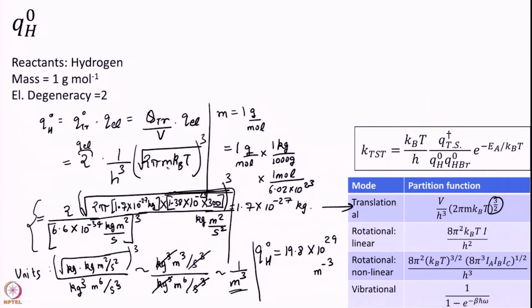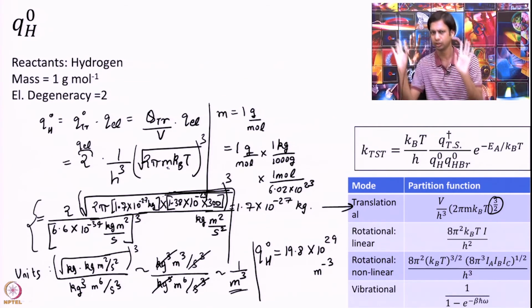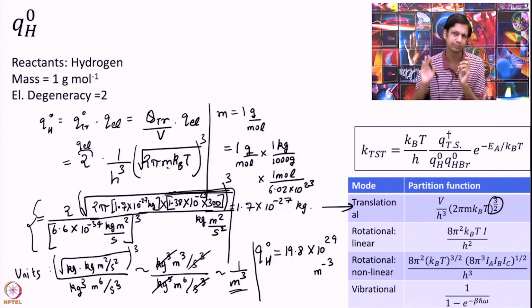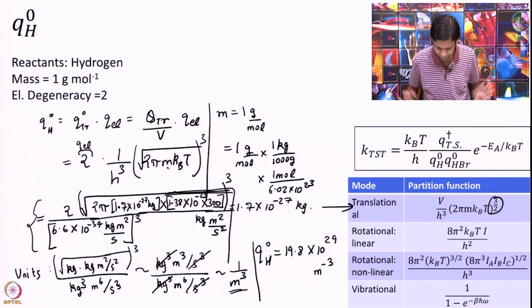So, the first thing is you get something in the order of 10 to the power of 30, that is what you want. Hydrogen being very light, it usually is slightly smaller, usually you get 10 to the power of 31, but fine, hydrogen is light, you get a factor of a little bit lesser. So, you get something in the order of 10 to the power of 30, everything is sensible, my units are correct. Okay.